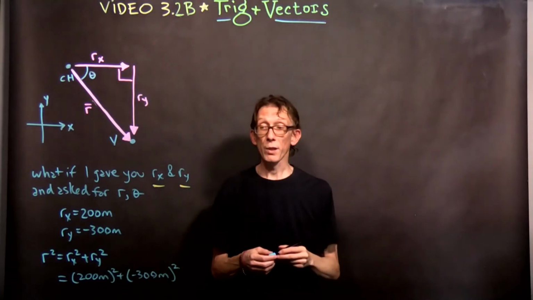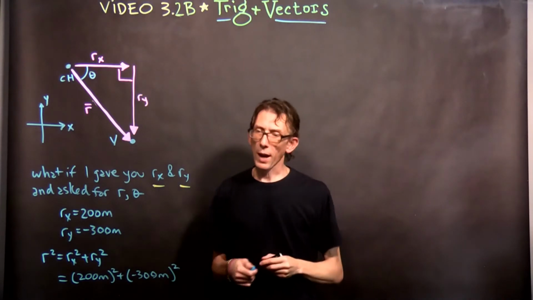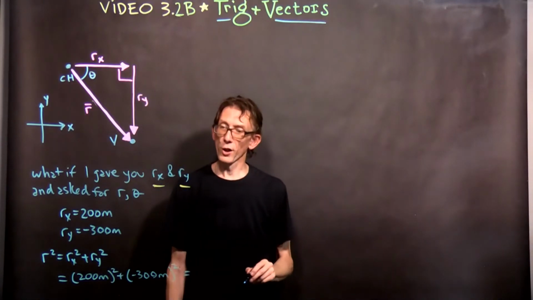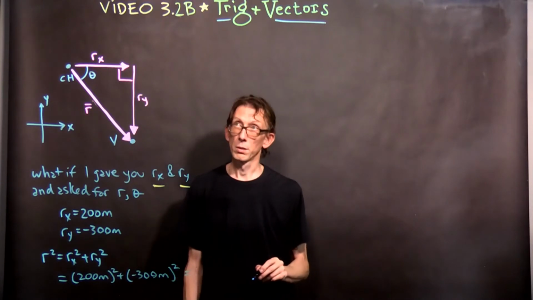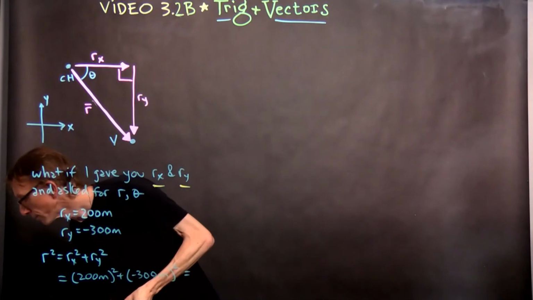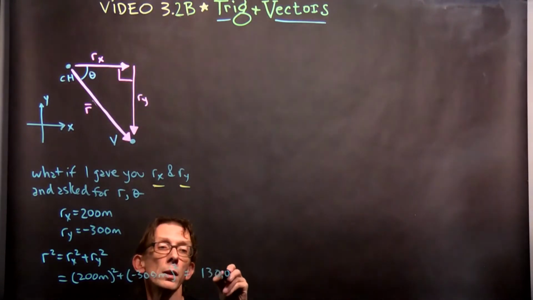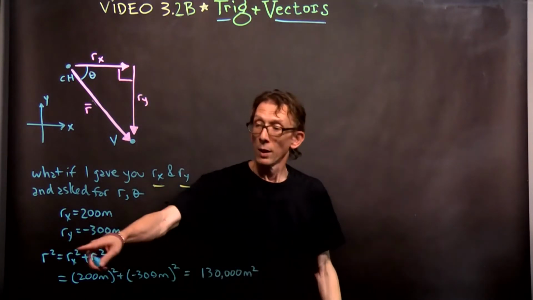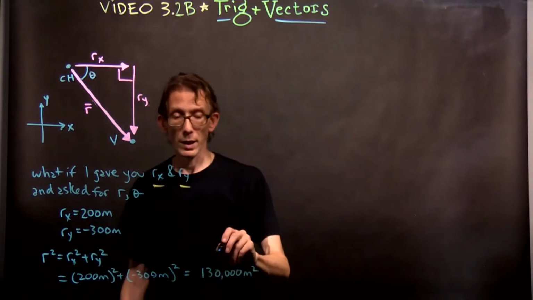I'm just applying the Pythagorean theorem here to find R. And when you do that, let me do this math: 40,000, 90,000, 130,000, is that right? I think that's right. Yes. R squared equals 130,000 meters squared. You can now bring this up here.